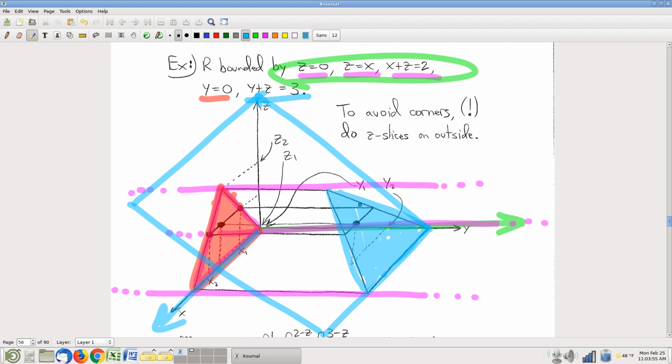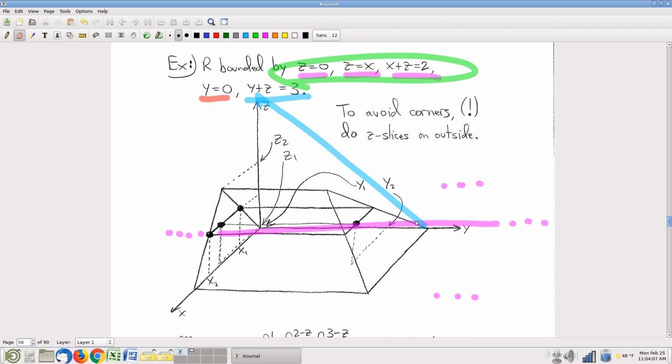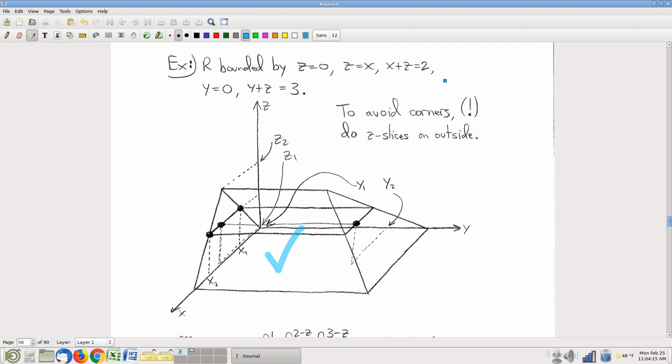And now the problem's a lot easier to get your hands on. We've got a prism that's chopped on the left by that red plane and on the right by that blue plane, and so that's going to give you a piece of a prism, and putting all this together and redrawing your picture, it's not hard to come up with this as your picture.